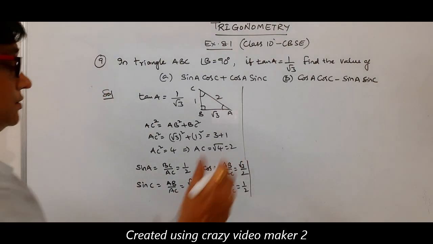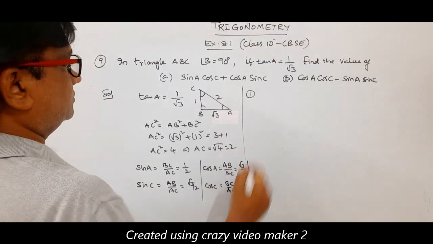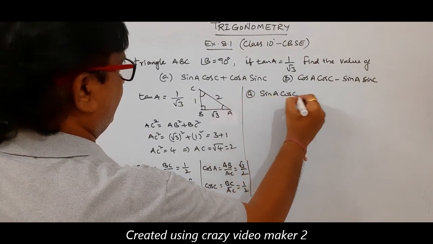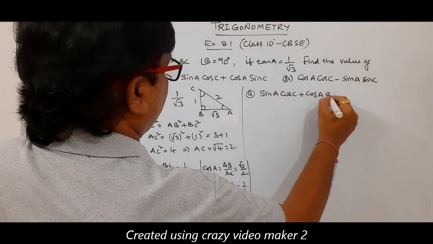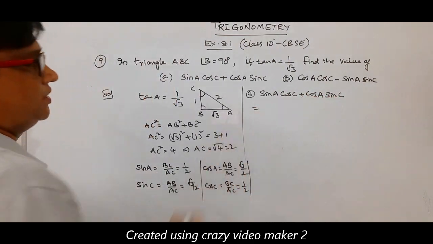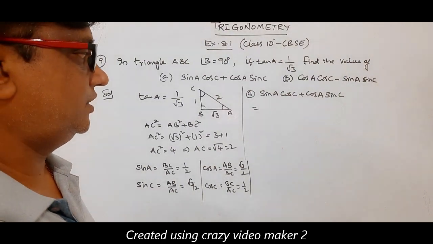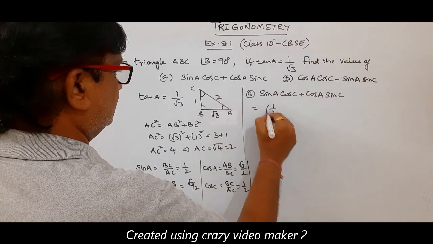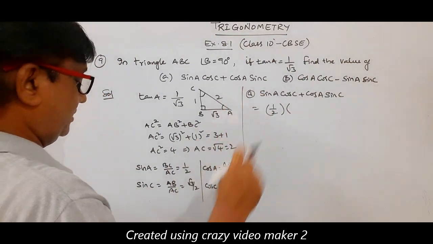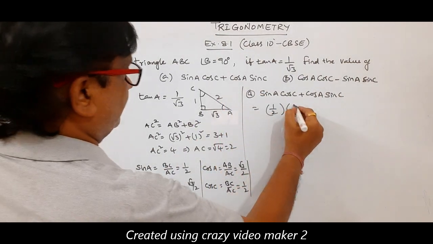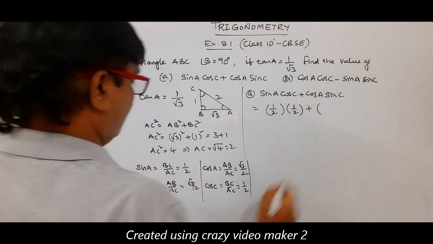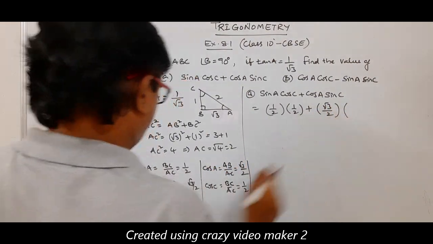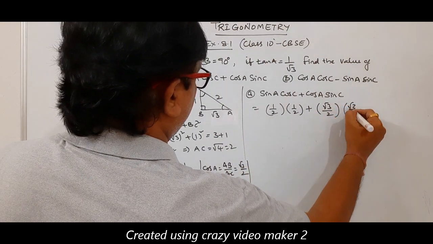Now we are going to find out the first part, that is sin A cos C plus cos A sin C. What is sin A? 1 by 2 into cos C, which is 1 by 2, plus cos A, root 3 by 2, into sin C, root 3 by 2.